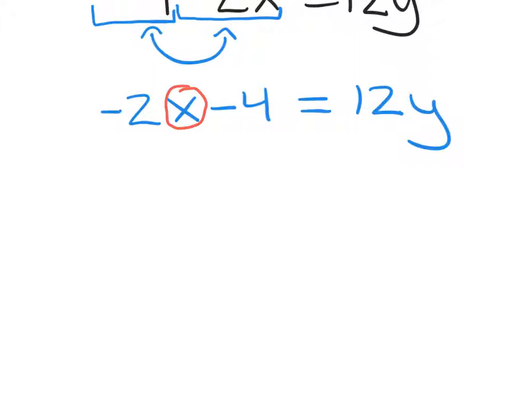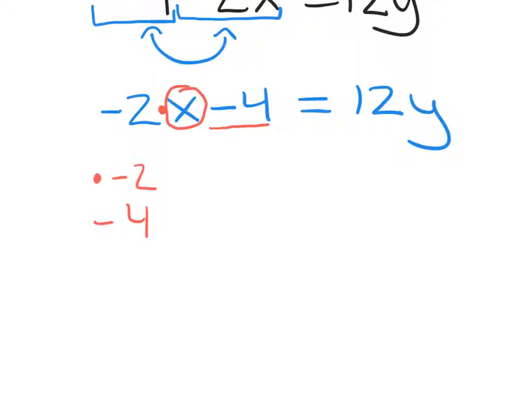Yeah, Angelina? Yeah, so we have a negative 2 that's being multiplied, and we have this 4 that's being subtracted. Now, when we're doing order of operations, what comes first, multiplication or subtraction? Multiplication. So this times negative 2 is happening first, and then we are subtracting 4.